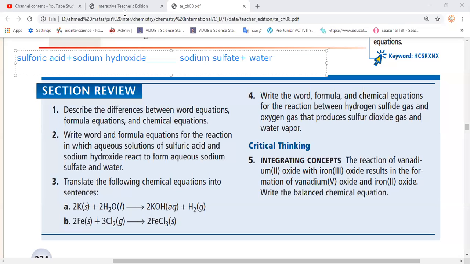So we said H2SO4, that's sulfuric acid, reacts with sodium hydroxide, which is NaOH.